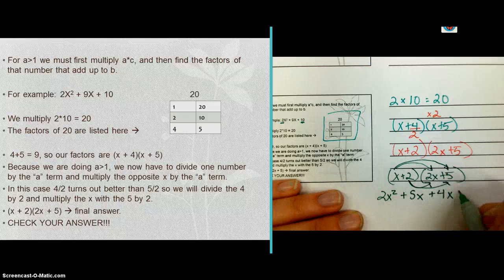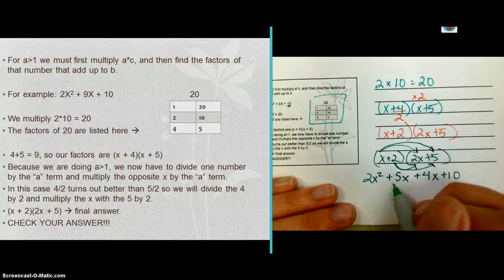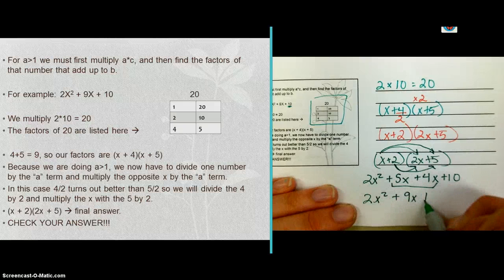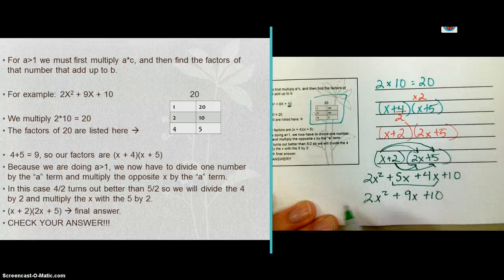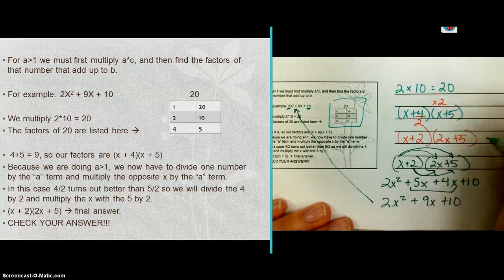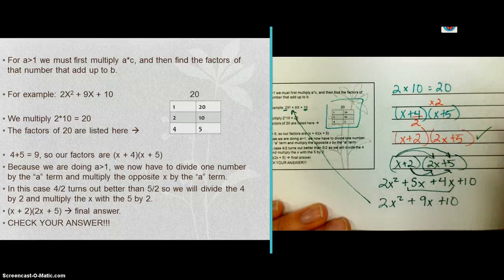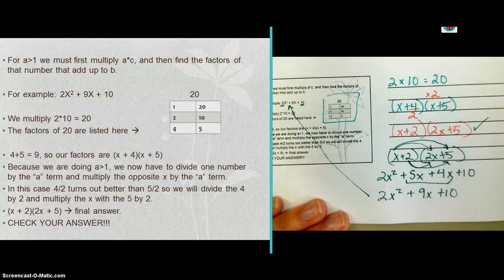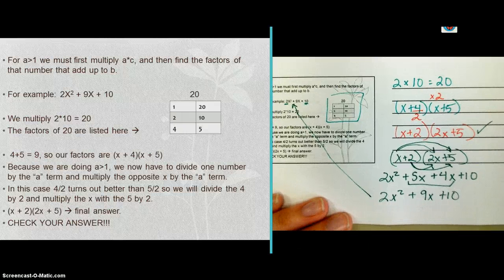And 2 times 5 is 10. I want to combine my like terms here. And I'll have 2x squared plus 9x plus 10. If you look, this is my original equation. That way I know my factors here, the x plus 2 and 2x plus 5, they are correct. Remember to always check your answer to make sure your factors are right.